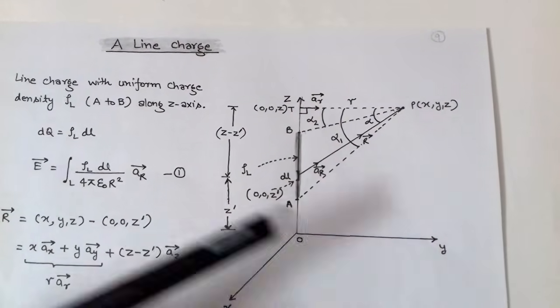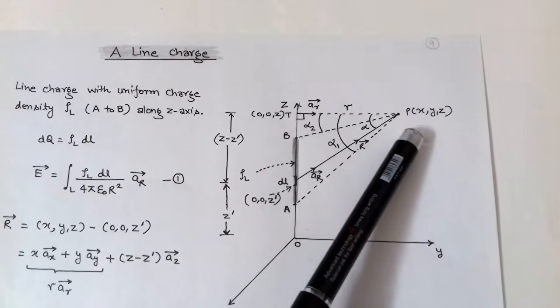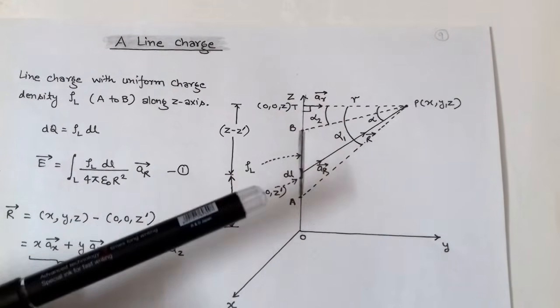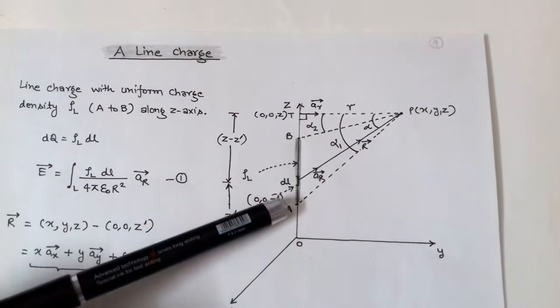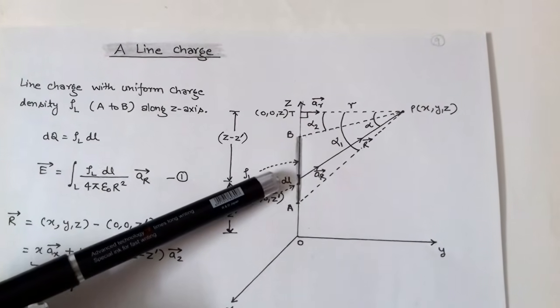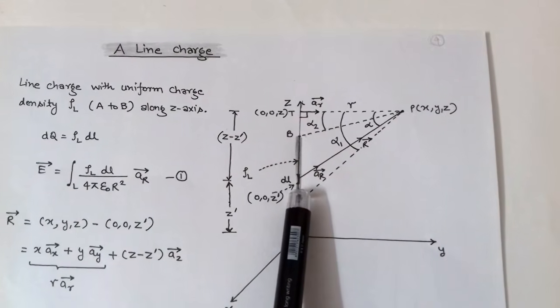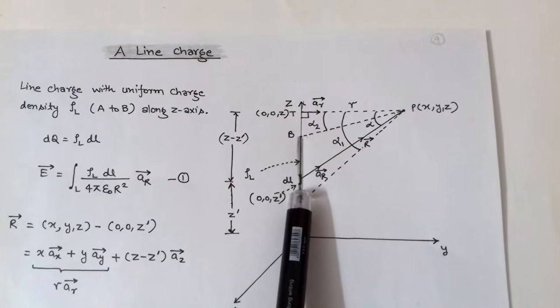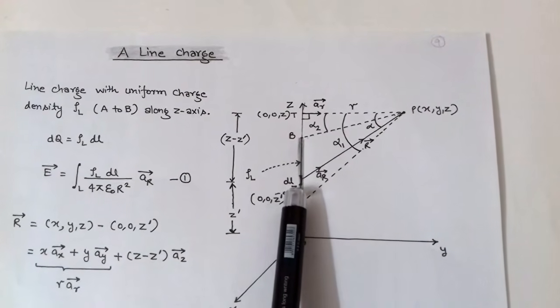Now, to determine electric field intensity E at this point, due to this line charge having a line charge density rho L, we take a small differential length dl. So this dl is situated along z-axis.